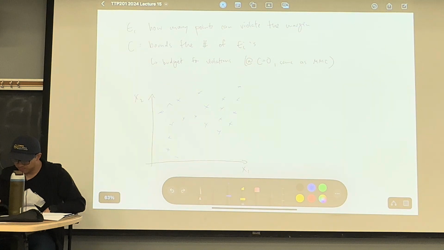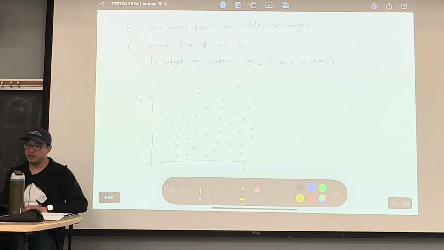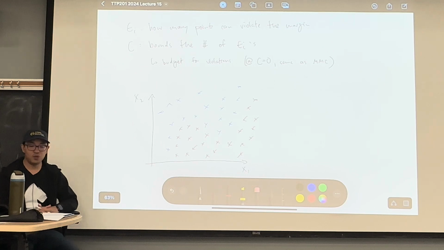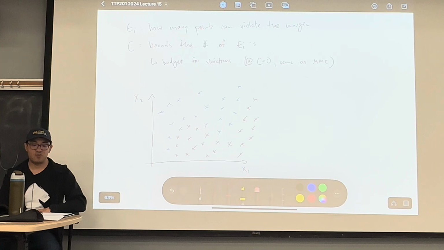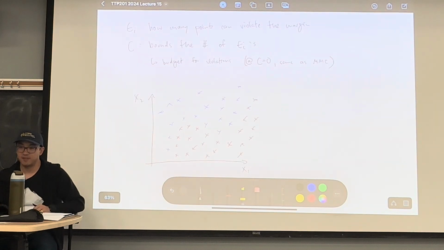And then, can I draw a hyperplane here using a support vector classifier?